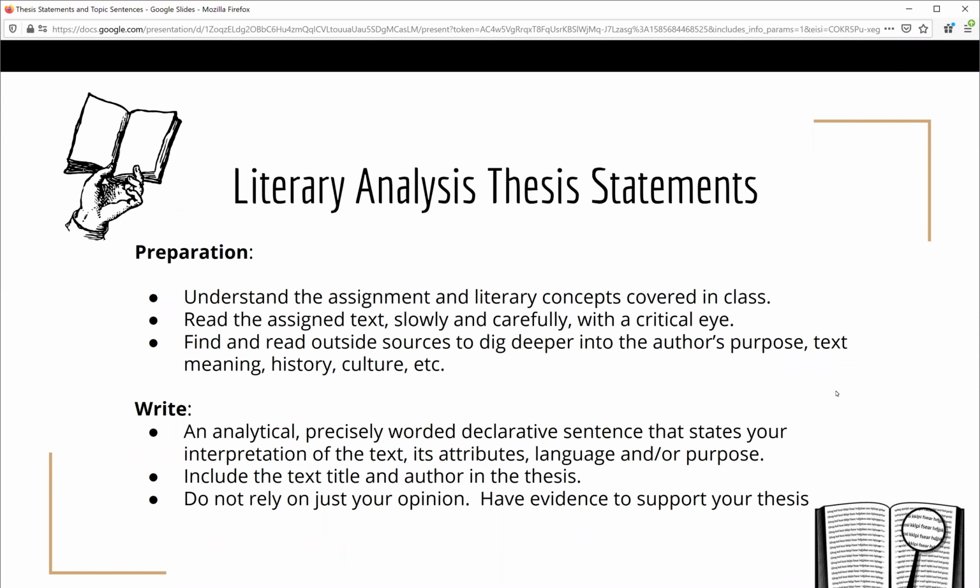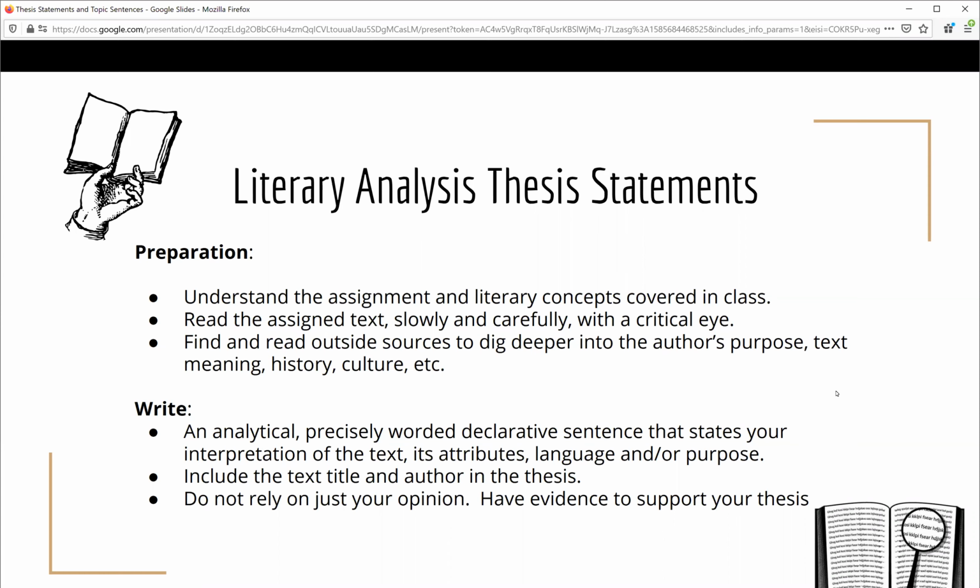If you have been assigned a literary analysis essay, you will follow a similar procedure. Before you write your thesis statement, you are going to want to be sure that you understand the assignment directions, have read the assigned text a few times, slowly and critically, and that you understand the literary concepts that you will be discussing in your essay.